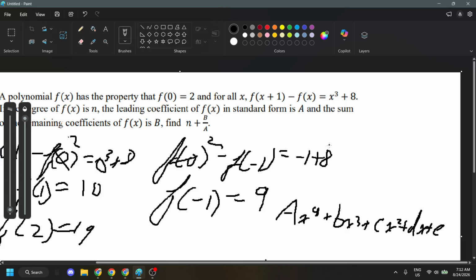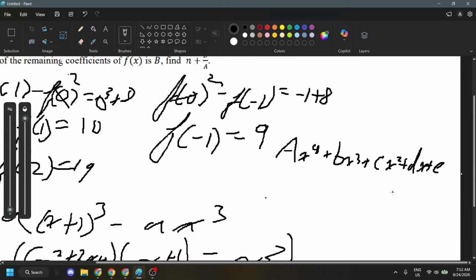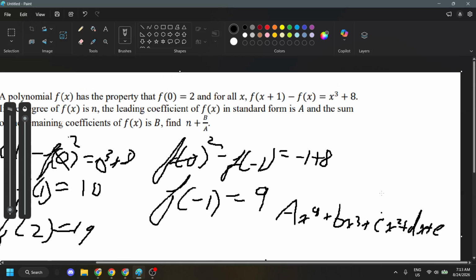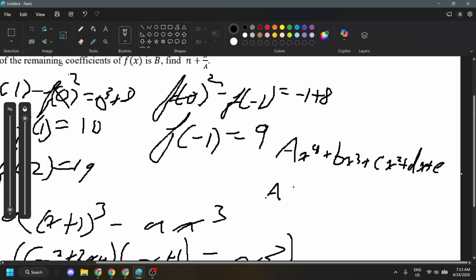How do we get that? Oh, I see. Because when we put x plus 1 in for all of these, we get a linear term of 1. So this will give us a plus b plus c plus d plus e.